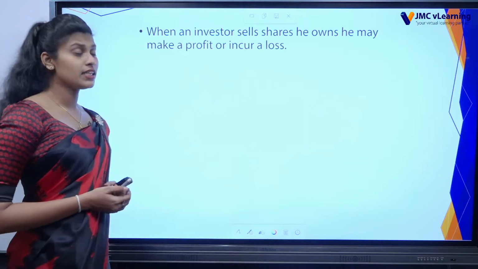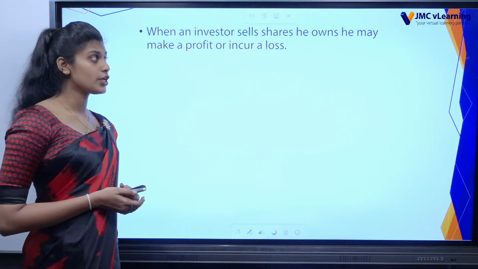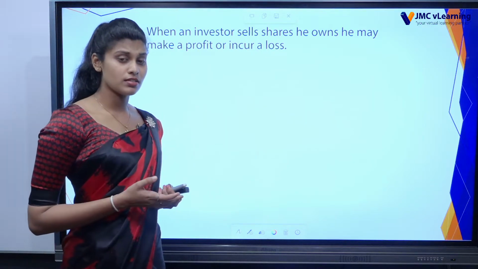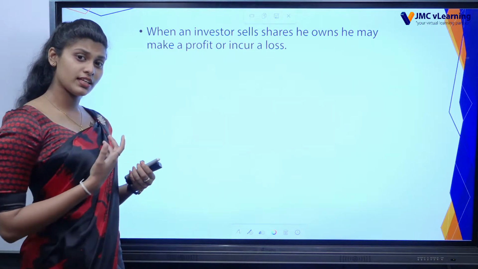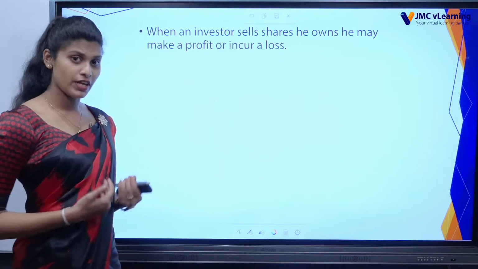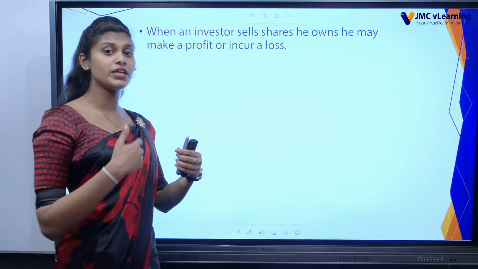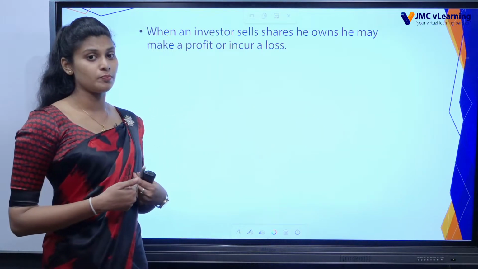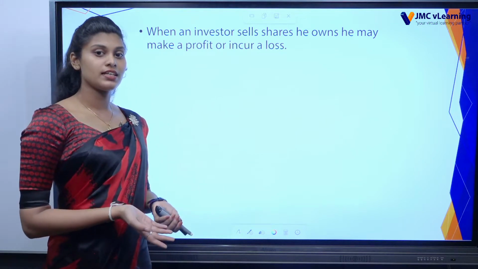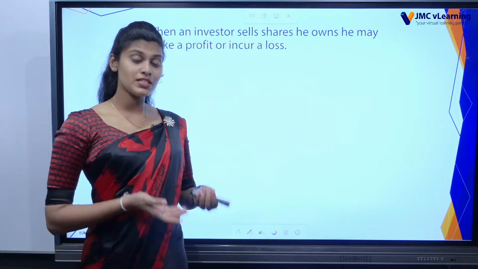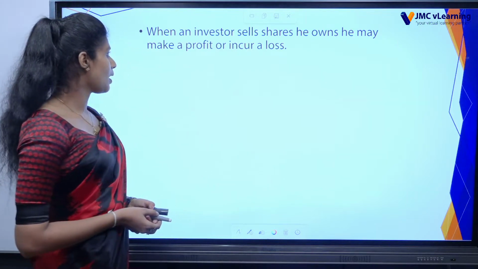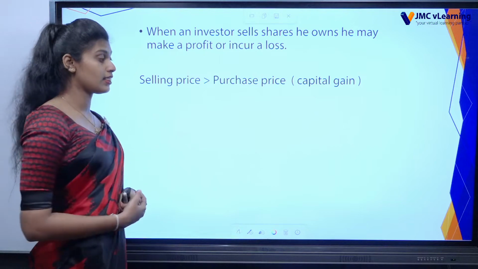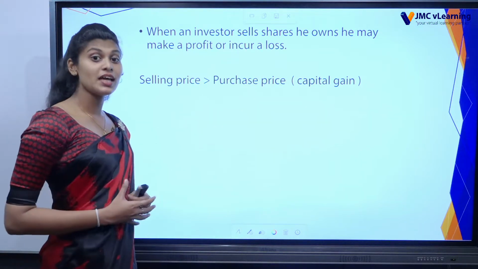Now, when an investor sells shares he owns, he may make a profit or incur a loss. Just think of a vehicle also: after buying the vehicle we sell it, and at that time sometimes we take a profit, sometimes a loss. In these businesses also the same thing happens. When the selling price is greater than the purchase price, it's a capital gain.